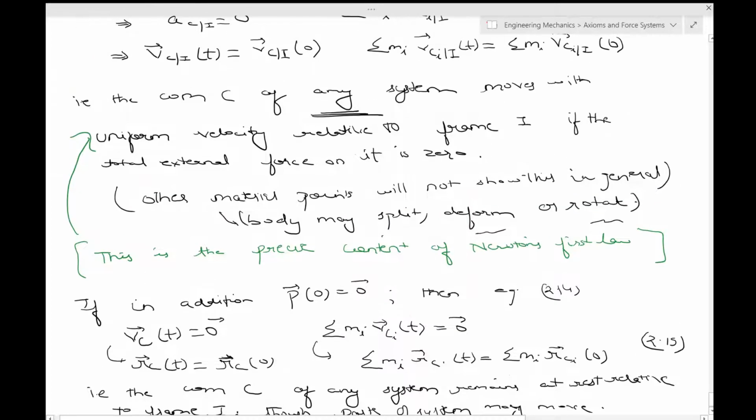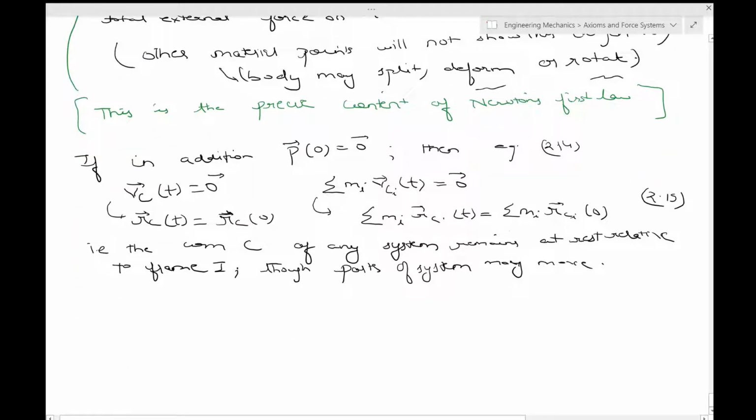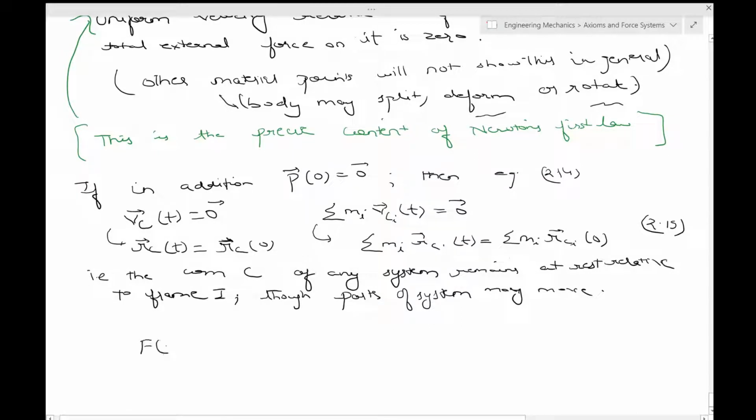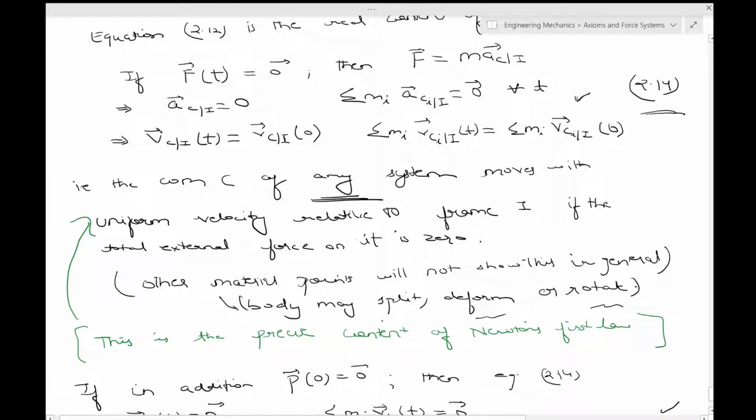Now, one of the other things is that if for some reason you have F at t equal to Fx i hat plus Fy j hat plus Fz k hat, and say this particular component is equal to 0, then equations 2.15 and 2.14 will be valid only along the x direction or the i direction.